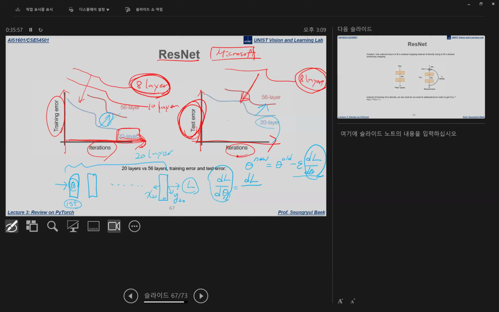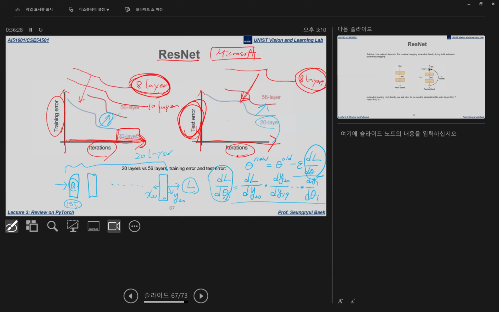So we first calculate dL/dY20 and dY20/dY19, and we have to multiply multiple gradients, until we reach dY1/dθ1, so we multiply this 20 times.